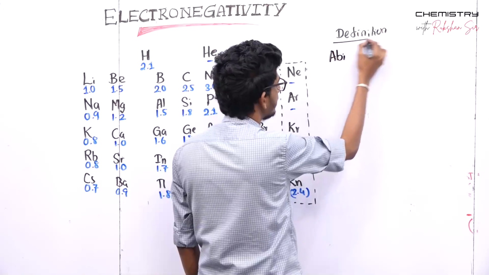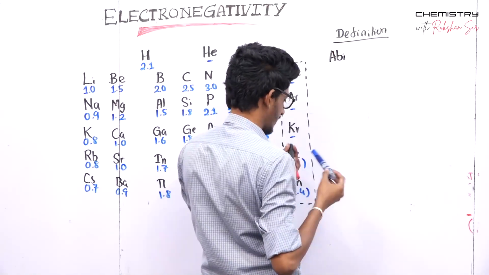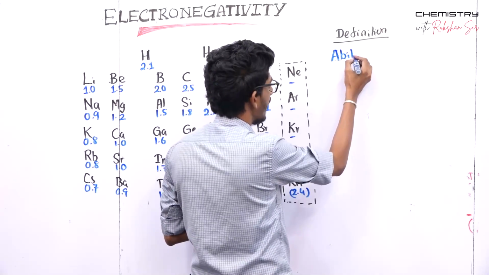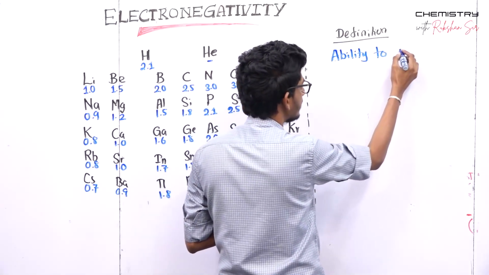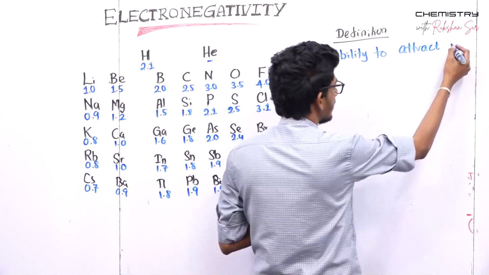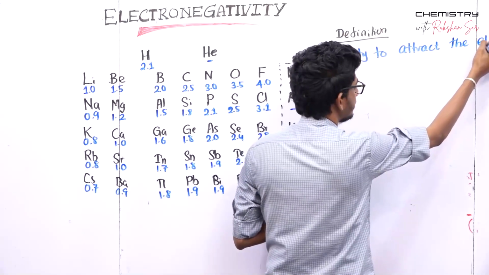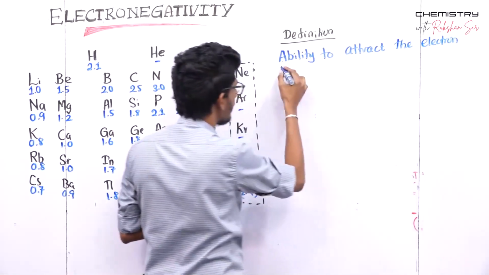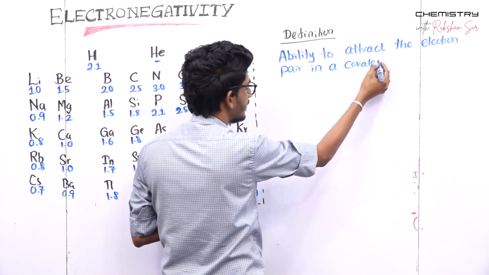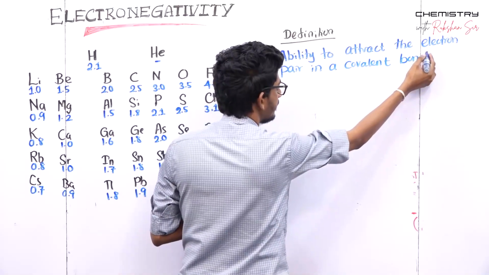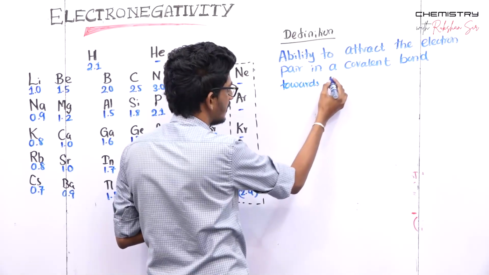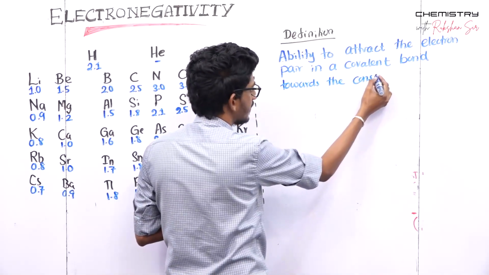Ability to attract, sorry, I'm writing in a different color. The definition is: ability to attract the electron pair in a covalent bond towards the considering atom.